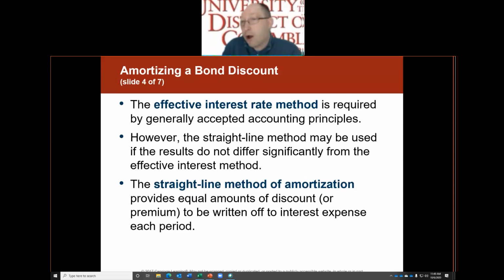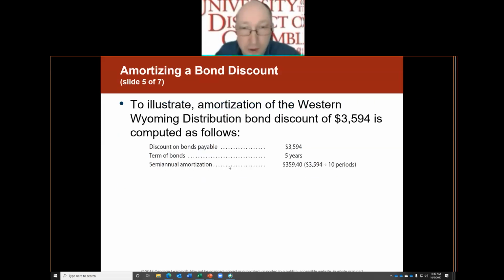In other words, if I have a $100,000 bond for 5 years, semi-annual, every single payment of interest is going to be the same amount. That's the concept of straight line. It does not change over time.